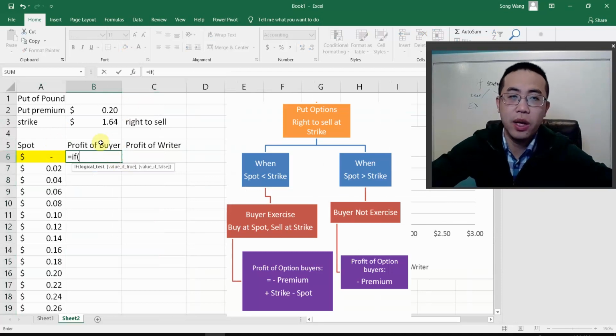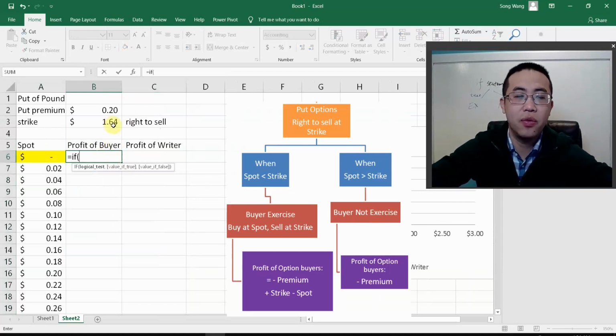Well, if you want to sell at 1.64 for 1 British pound, you definitely want to pay a lower price to buy that pound, right? So when the spot rate is 0, the buyer is actually happy because the buyer can buy a British pound at $0 and then sell at 1.64 and make the money.